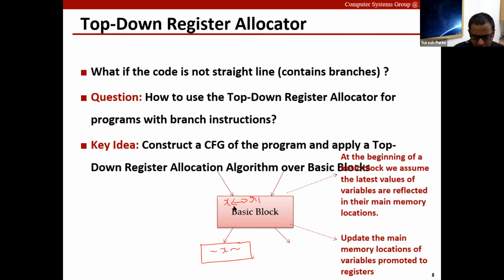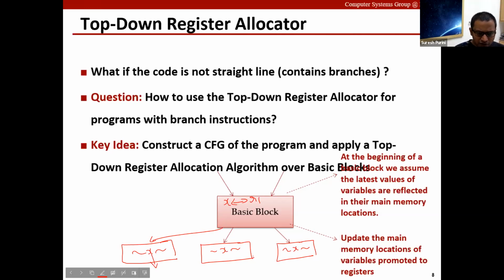So what we do is, at the end of this basic block, in order to patch up things, and for example, this could be another basic block. And when we do register allocation, there can be another basic block here. There can be three successors to this basic block. So things can get tricky, because the local register allocation algorithm in this basic block may decide to keep this variable x in the memory only.